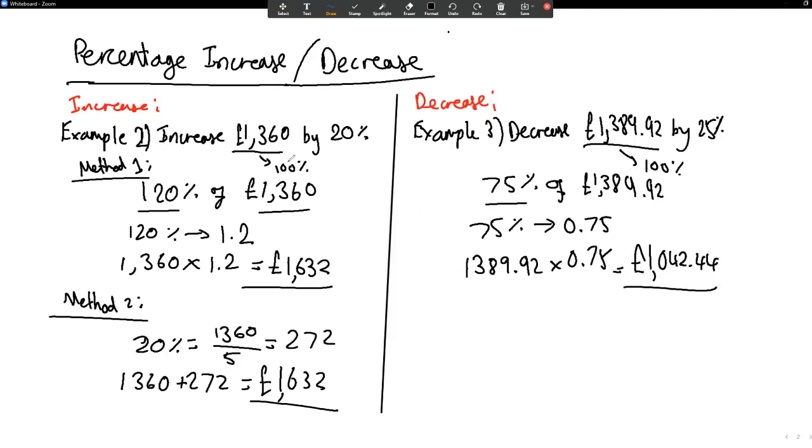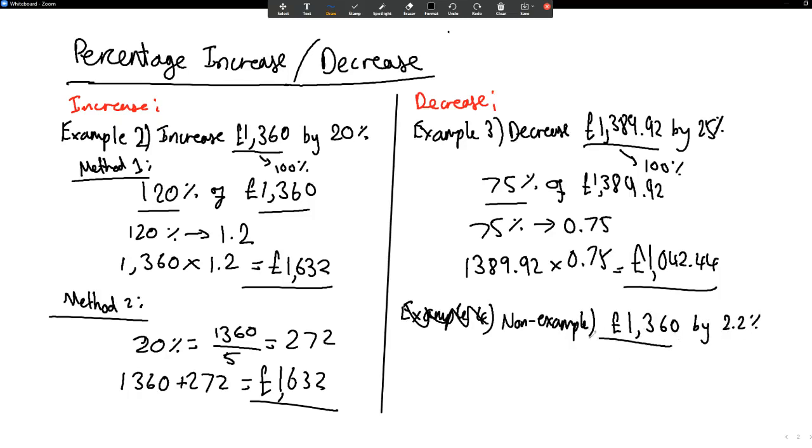If we go back to this as another example, or I'll call it a non-example, as in it's more of a remark than anything else. Basically, if we only increased it by, let's say, 2.2% like we had before, remember, when we add 2.2% to 100, it might be tempting to write it as 122%.